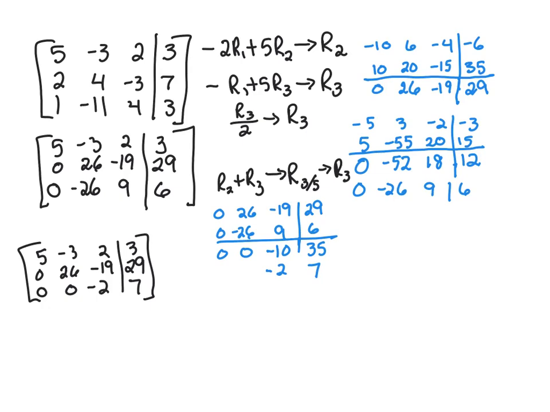So I choose to multiply row 2 by 2, and I'm going to make it negative. And I'm going to multiply row 3 by 19. And I want that 0 to be in row 2.